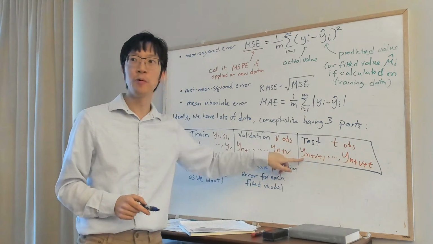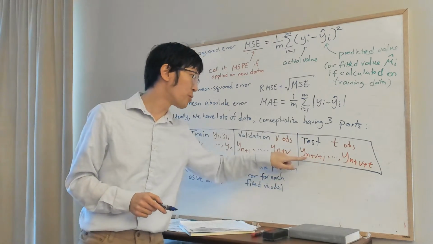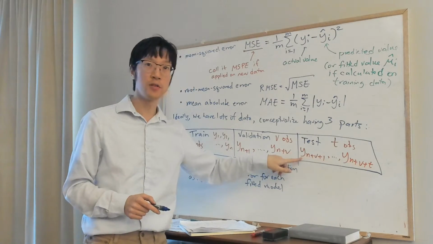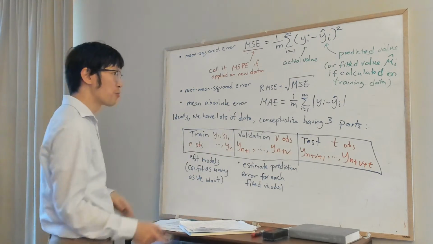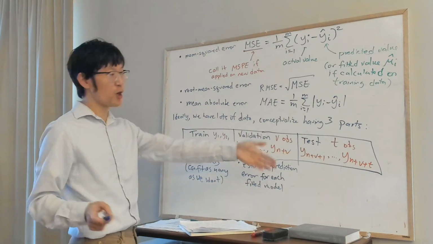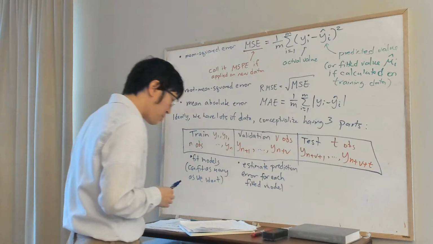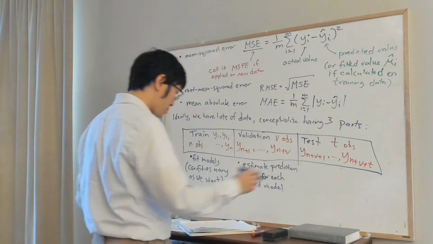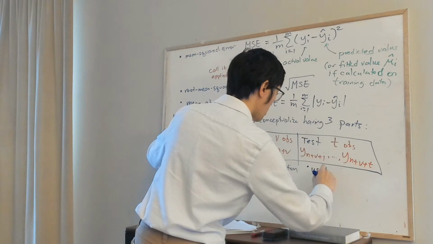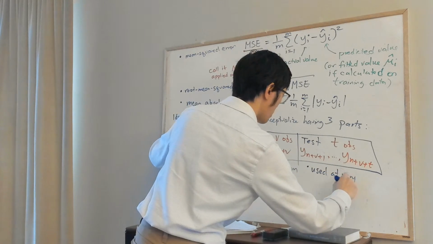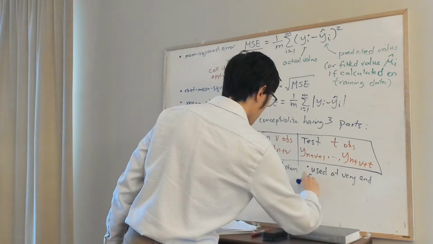Assume this is data that we will only see in the future. We will not be able to assess using the test data until further down the line, when whatever phenomenon we're predicting, we actually get to see the values. So this piece is used at the very end, for the final assessment of the model.